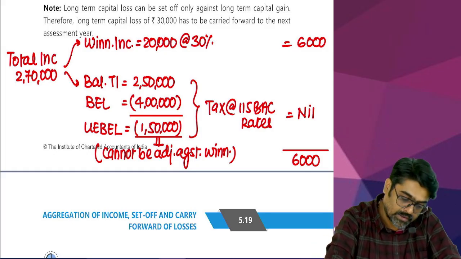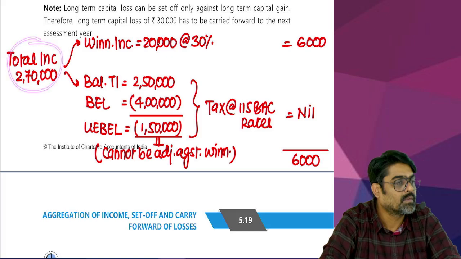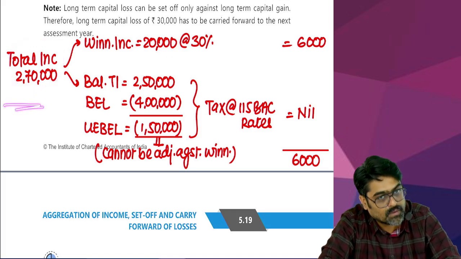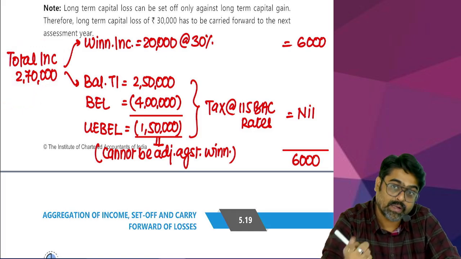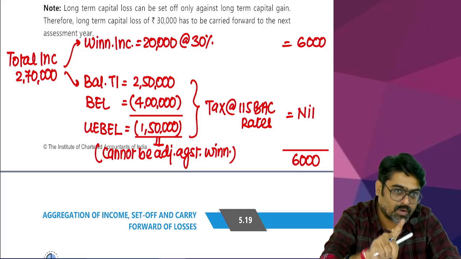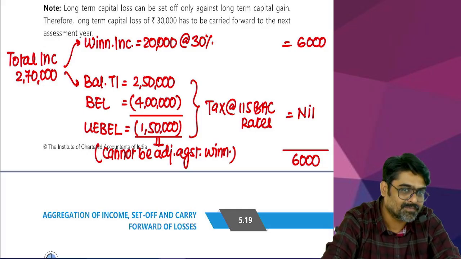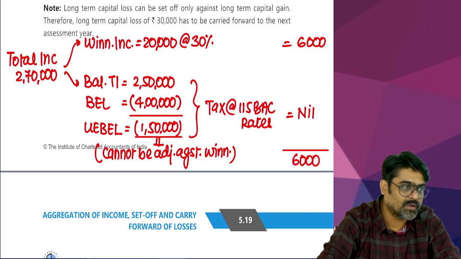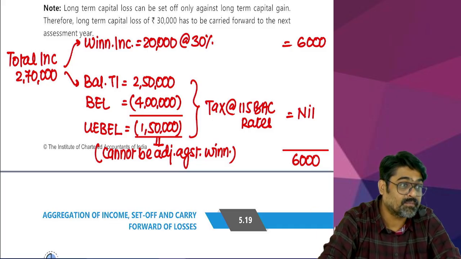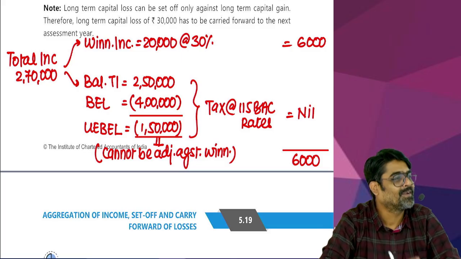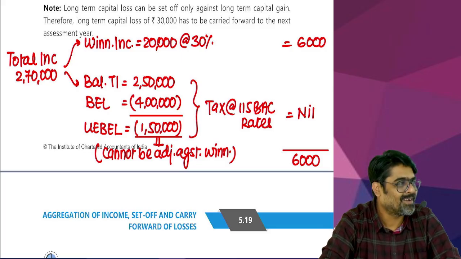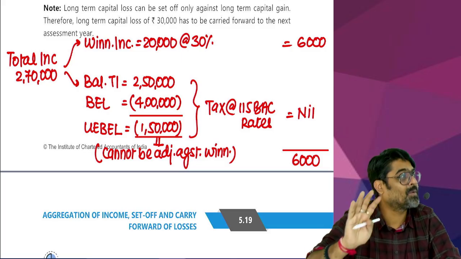How much is your total income? Is it within 12 lakhs? Will you get rebate? All taxes you can claim as rebate, but not the taxes on special incomes. So in your 6,000, how much is the tax on your special income? Full 6,000. Cannot be claimed as rebate. Full 6,000 you have to pay.